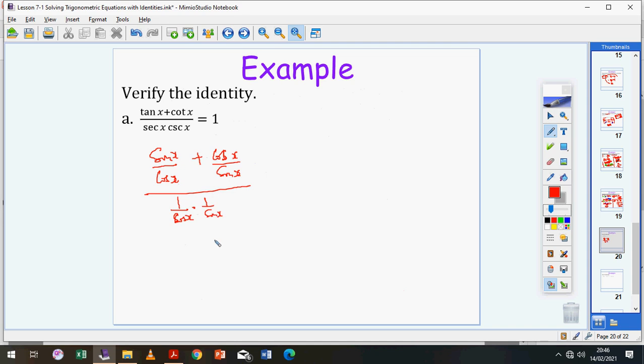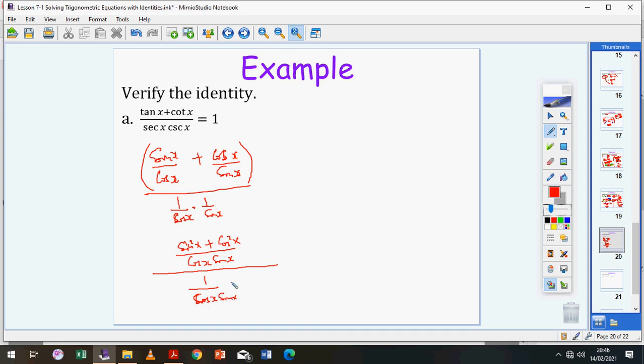The top expression has a denominator, which is cosine x times sine x, and if I do the division, I will have sine squared x, because the cosine cancels, plus cosine squared x. That's just for the top, and then the bottom also is 1 over cosine x sine x.